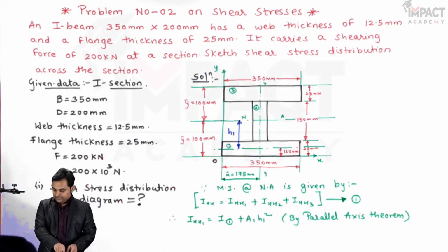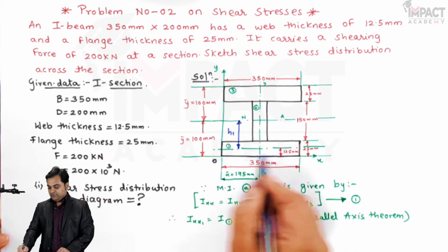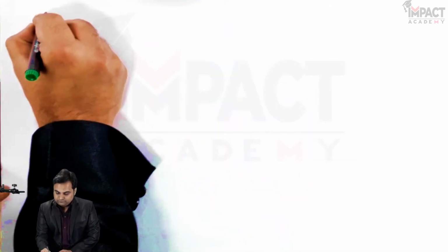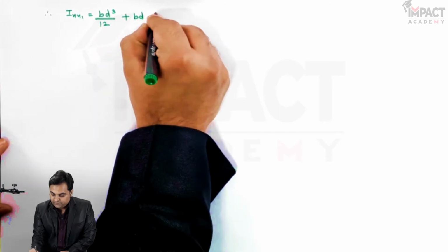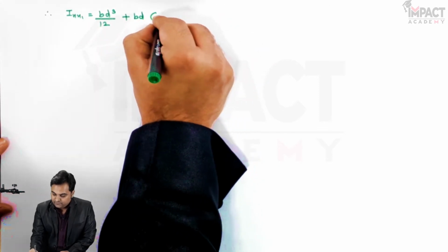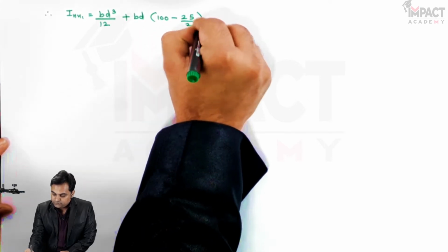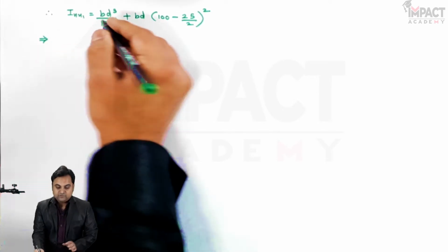So here I would be writing the formula. First of all, I1 is the moment of inertia for rectangle 1 about its own x-axis and the formula is bd cube by 12 plus area 1 which is b into d, and h1 is y bar which is 100 minus half of 25, the whole square.